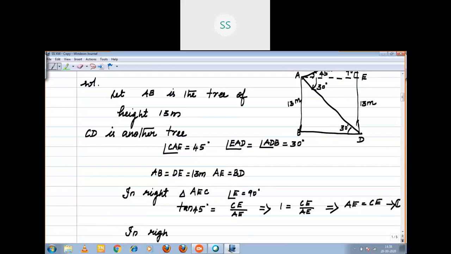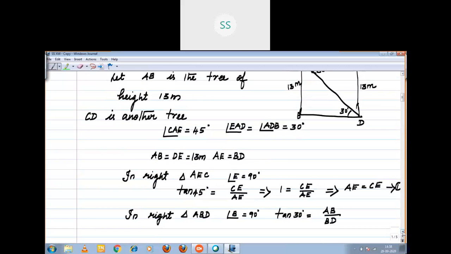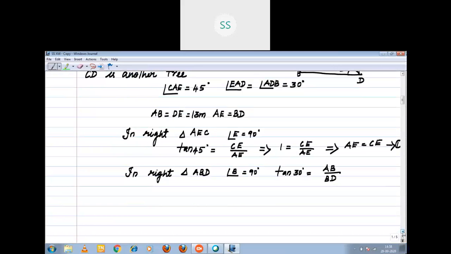Now, in right triangle ABD, angle B equal to 90 degree, tan 30 degree equal to the same, opposite side AB divided by BD, opposite side divided by adjacent side.